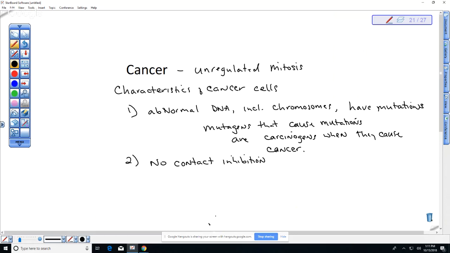They will divide even when crowded. So we also call this density dependent, right? They do not stop when their density becomes too high. So this is density dependent.